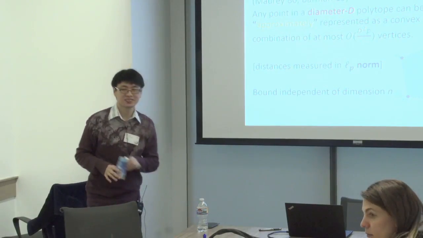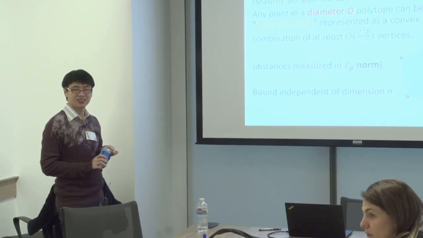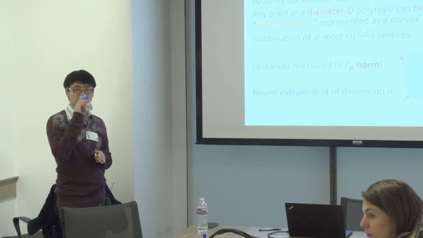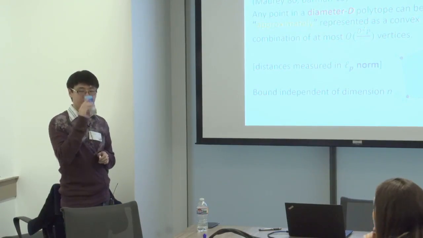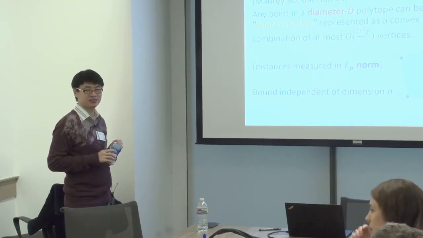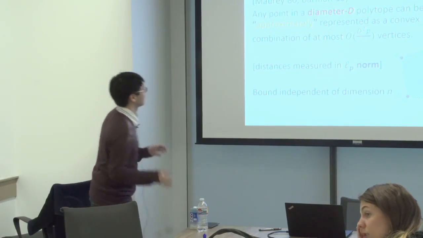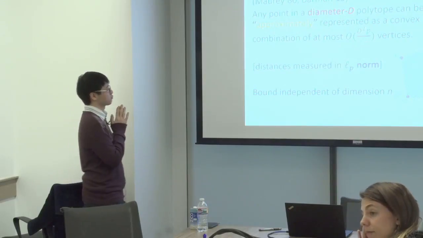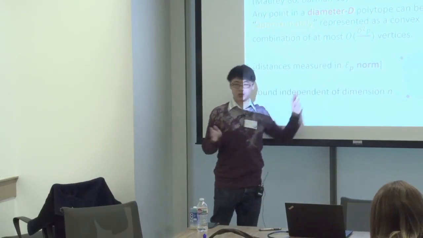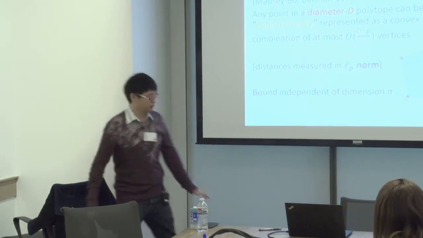Now, Bauman's proof is also not constructive, but there is a follow-up paper which made it constructive. Anyway, the proofs are different. And everything is measured in LP norm, just as people have said.